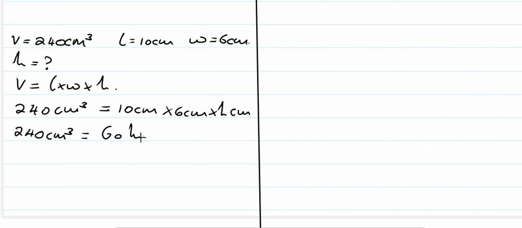So to get h itself, we need to divide both sides by 60. The 60 here will divide by 60 here. So now the height becomes 240 divided by 60.